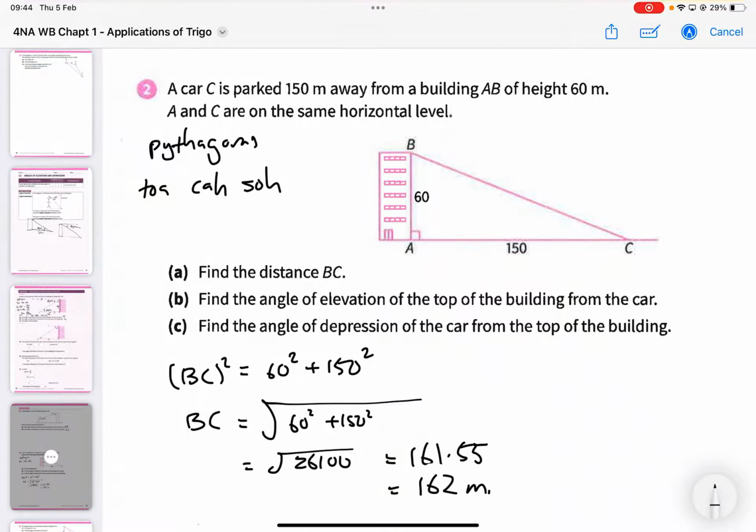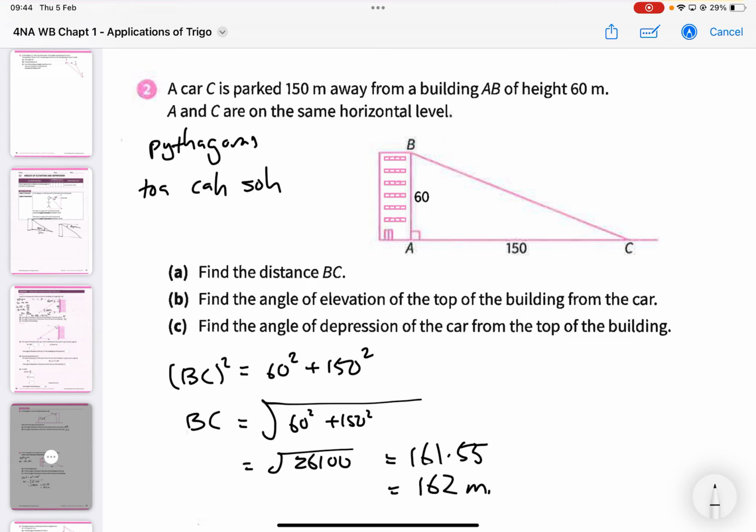Because we have a right angle triangle, first thing to come to mind is Pythagoras, then TOA. Finding sides, finding angles is all Pythagoras and TOA when you have right angle.